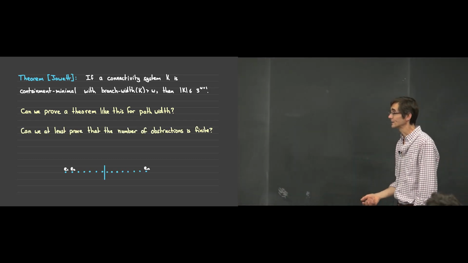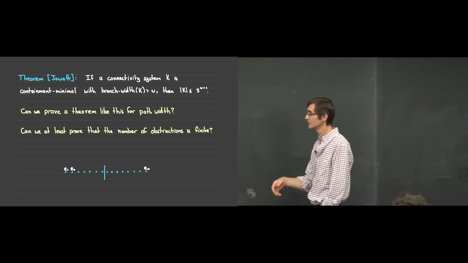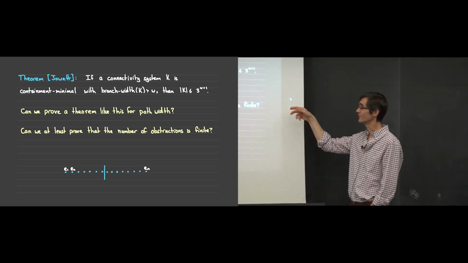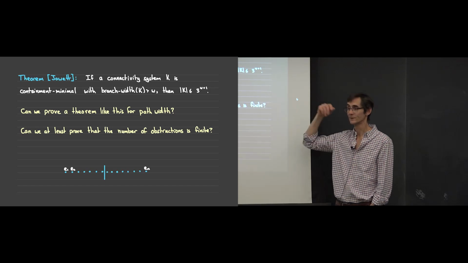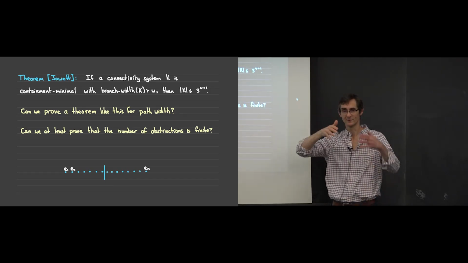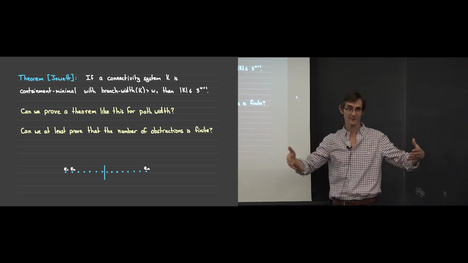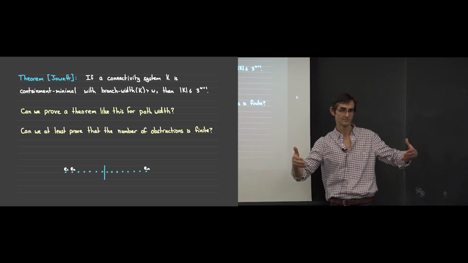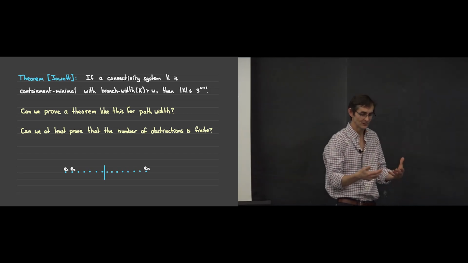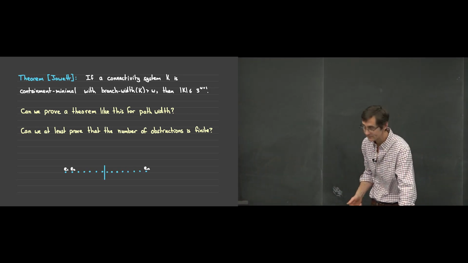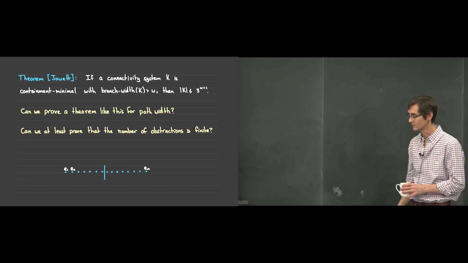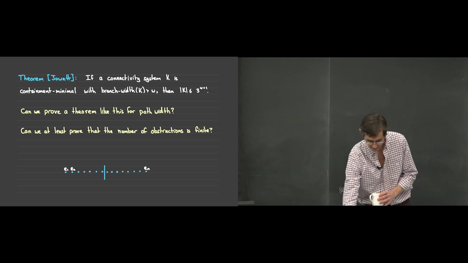So then we ask, well, can we at least show that the number of obstructions is finite? If I can't bound the size explicitly, can I at least show there's only finitely many? Which usually means you're thinking about some kind of well-quasi-ordering type properties.